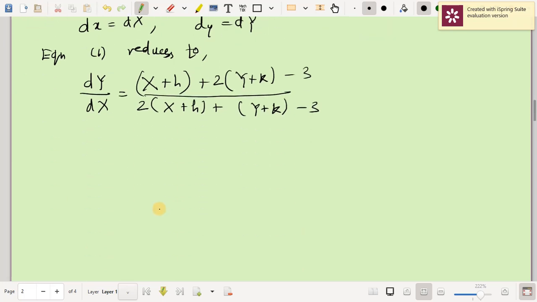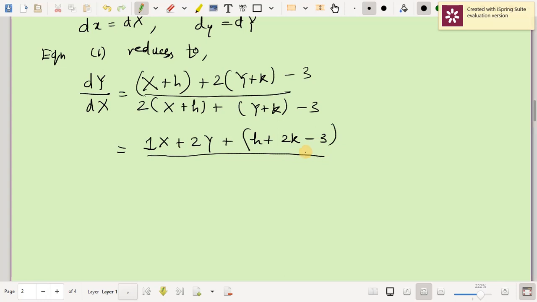If we solve this further and write it in the standard form, we look for the coefficient of X, that is 1 into X plus 2 into Y, and plus the remaining terms: h, from here the constant 2k, and from here minus 3.